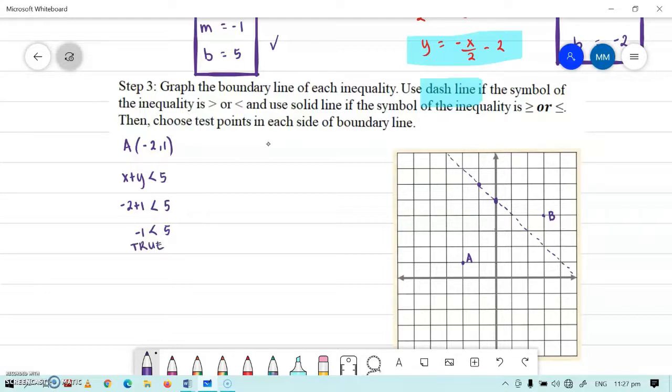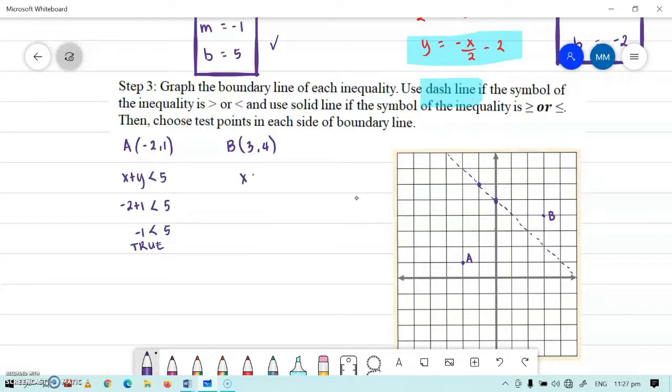Alright, now let's test point B. The coordinates of test point B are 3 and 4. Now, still using inequality 1, let's check.